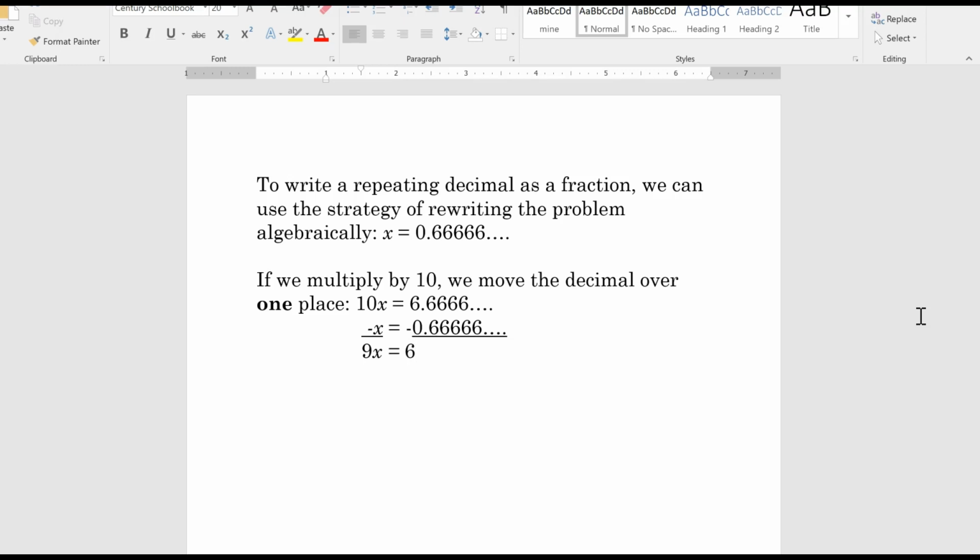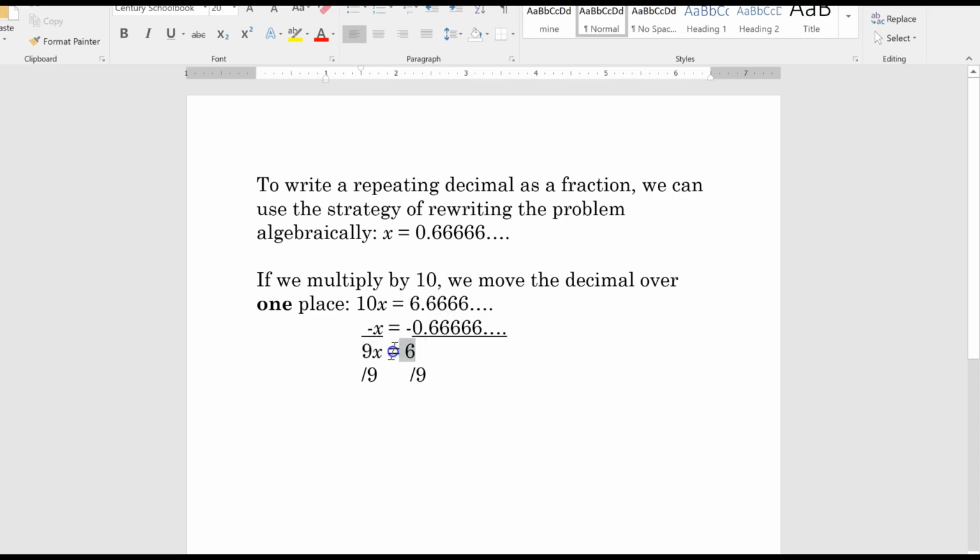Now what do you do? To solve for x, to get x alone, divide both sides by 9. So you want the 9, which is multiplying the x, off the x, right? So you're going to divide both sides by 9. When you divide by 9 both sides, you get the 9's off of this side, so you just get plain old x, right? But over here, you get, well, what is 6 divided by 9?